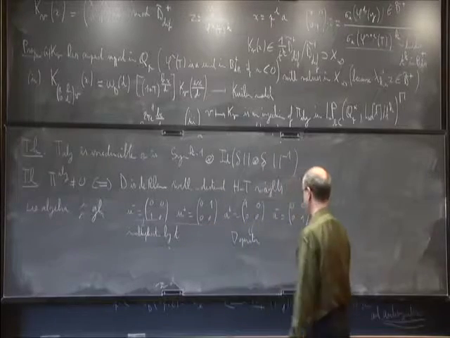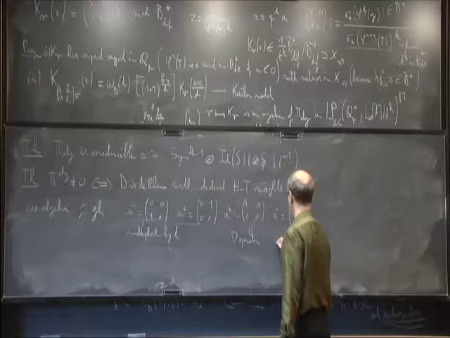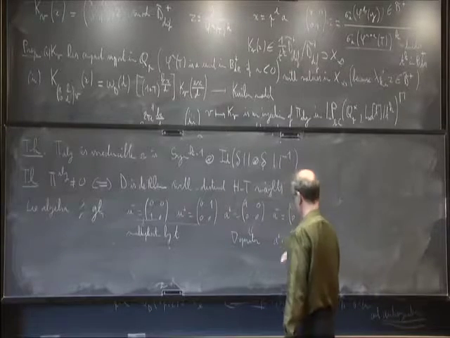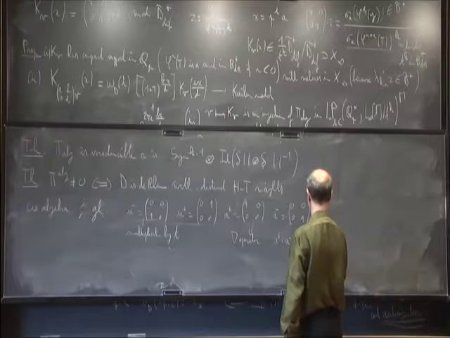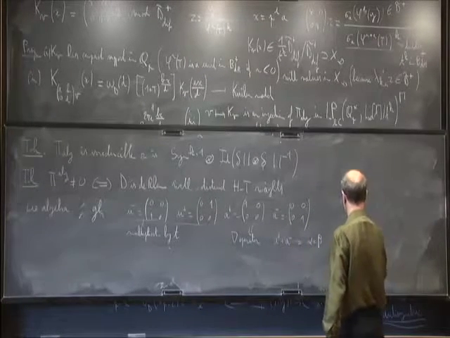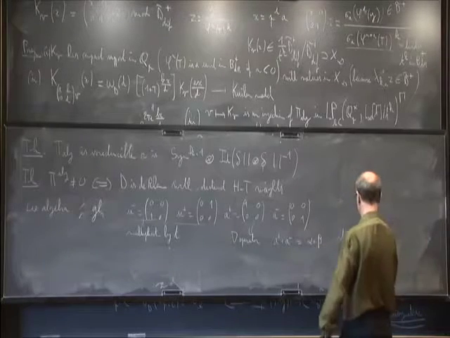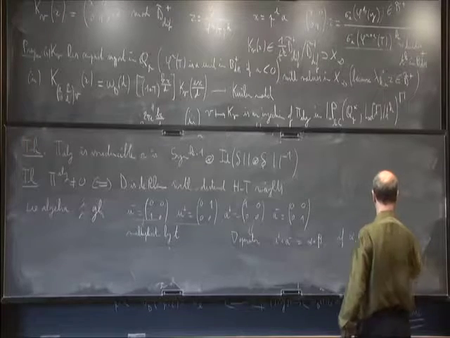And then there is one last relation which is obvious, that A plus A minus is given by the central character. So it's just a multiplication by alpha plus beta, if alpha and beta are the Hodge-Tate weights.